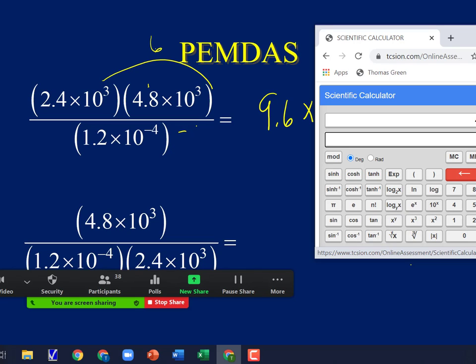And here's the tricky part. The next number I want to push is that 2. But that 2.4 is on the bottom. So I'm going to push divided by 2.4 EXP 3 equals.